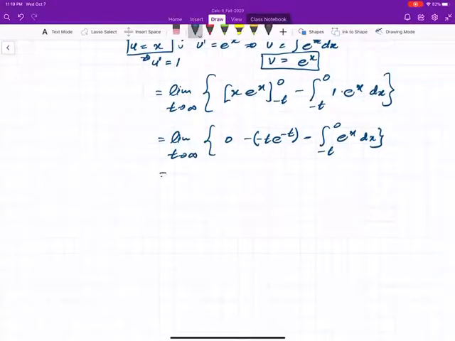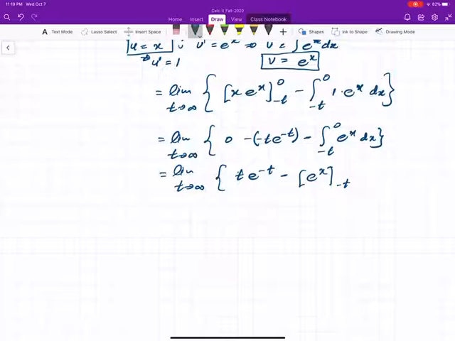Alright, then this will be the limit as t goes to infinity of t e^(-t), minus the integral of e^x, which is e^x, with limits from negative t to 0.